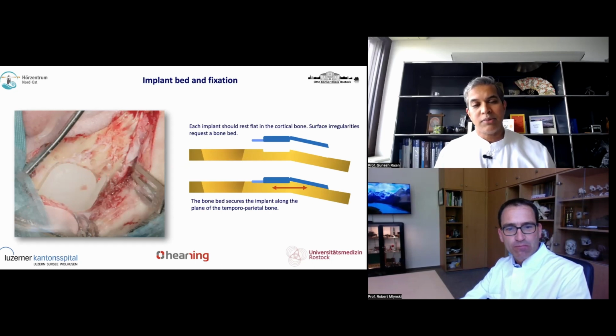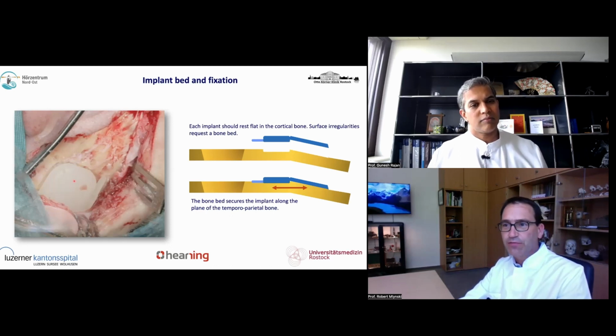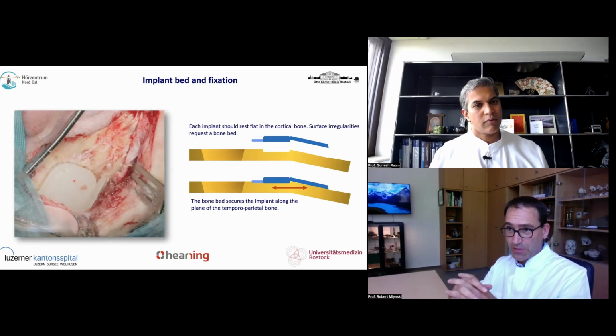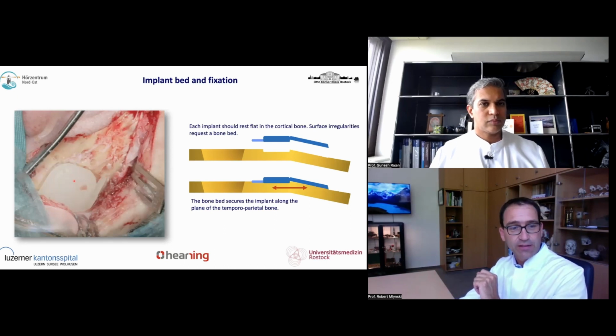So sometimes you have to drill down to the dura, but I make sure that I leave a bony island on the dura. How about you, Rob? Yes, the dura shouldn't be exposed completely, and especially in children, sometimes you will have a little piece of dura exposed, because of the angulation of the skull, where there isn't much flat surface.